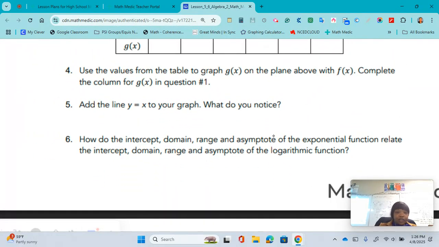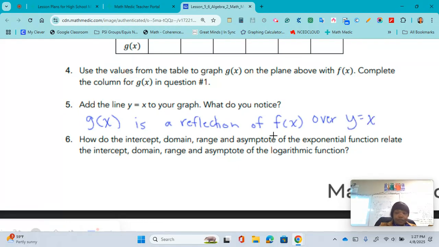So what do we notice? We notice that g of x is a reflection of f of x over y equals x. They're inverse functions.